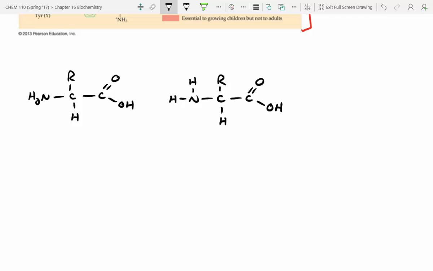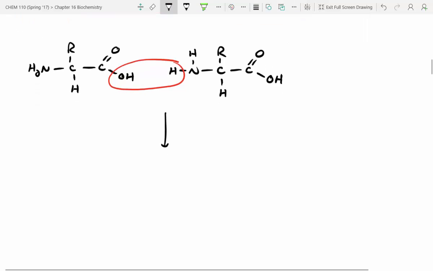If we're doing a condensation polymerization, what small molecule do you think we're going to lose? Water, which is a good thing because it's happening inside our body. We don't want to produce hydrochloric acid or anything weird like that. So really, these two pieces are going to link together and you're going to shoot off a water molecule. So I'm just going to show a dipeptide.